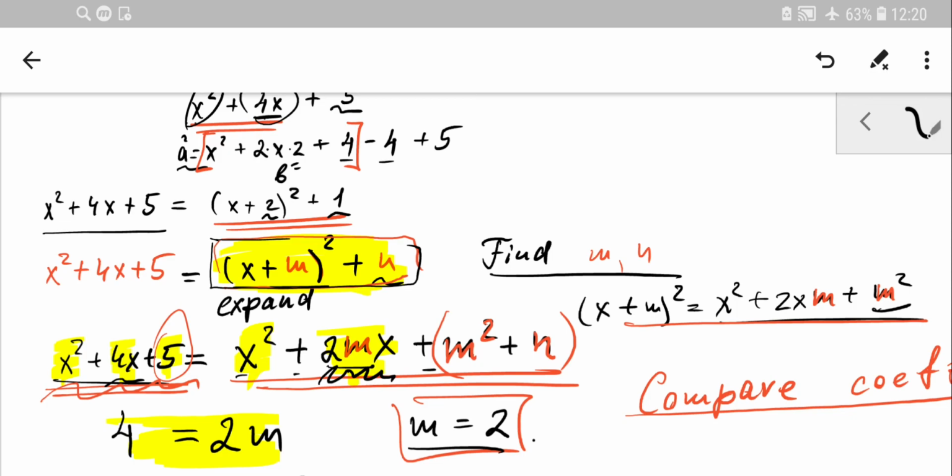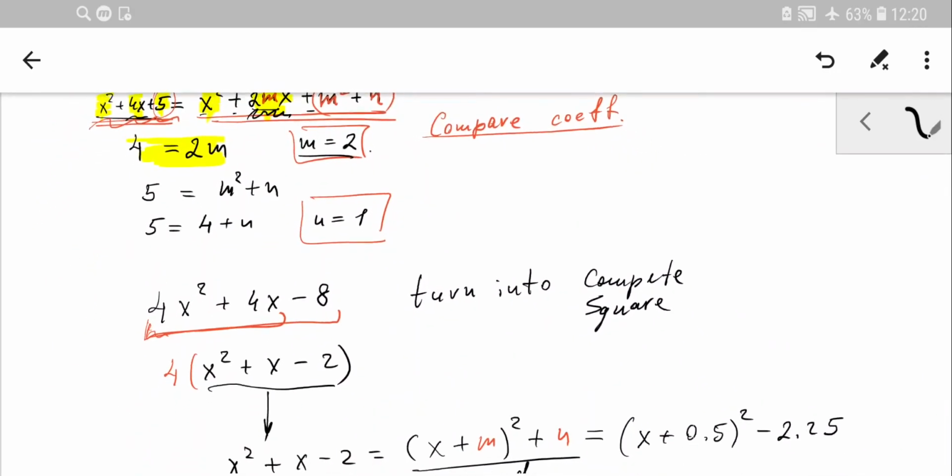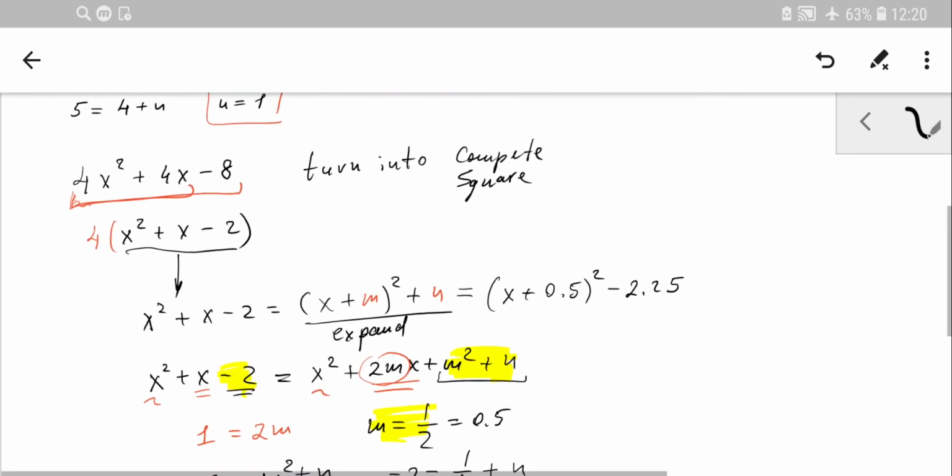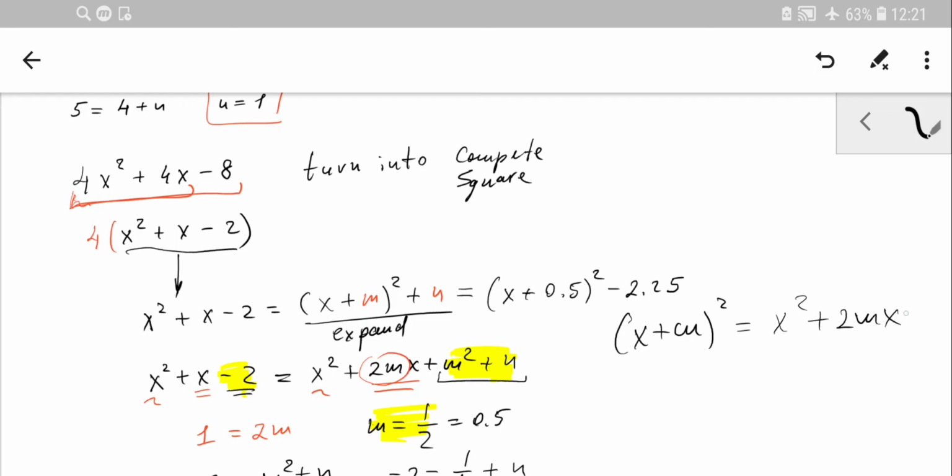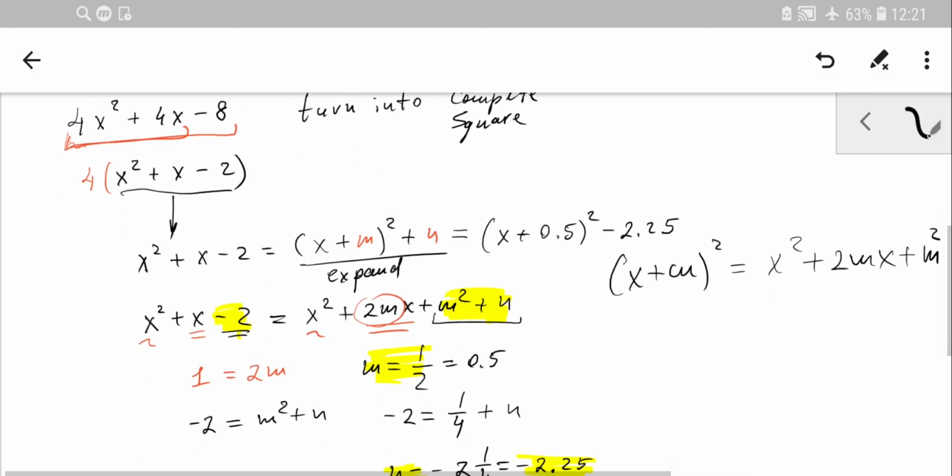This is not a big deal, so feel free to use any letters. I'll use m and n. This method is pretty straightforward, but you need to remember how to expand this expression, again using the formula (x plus m) squared equals x squared plus 2mx plus m squared. Then you compare the coefficients of corresponding terms and work out the values of m and n.